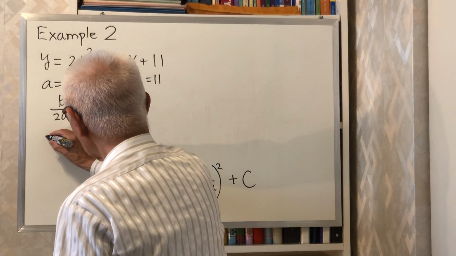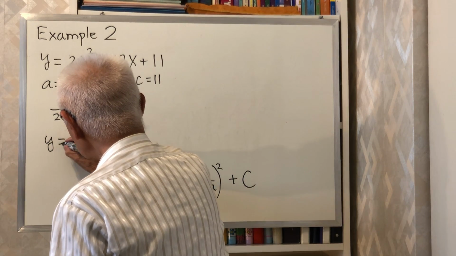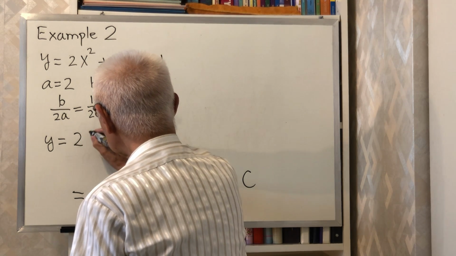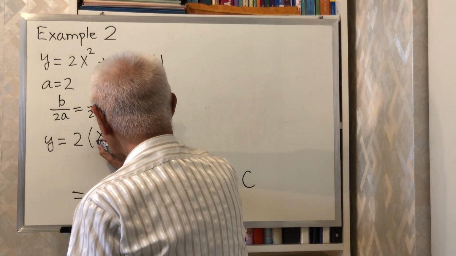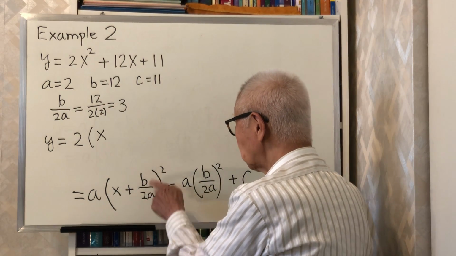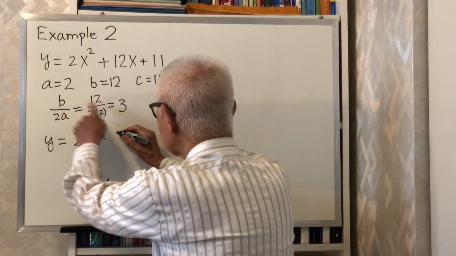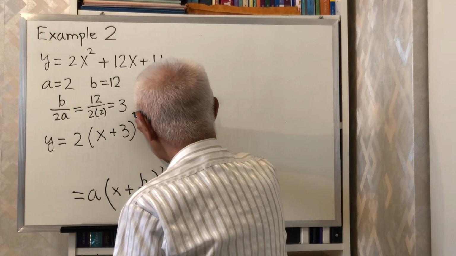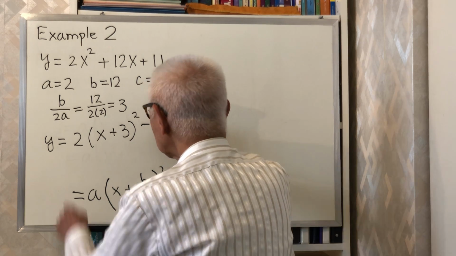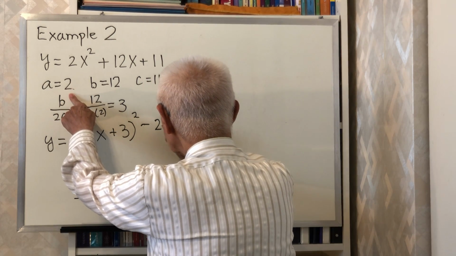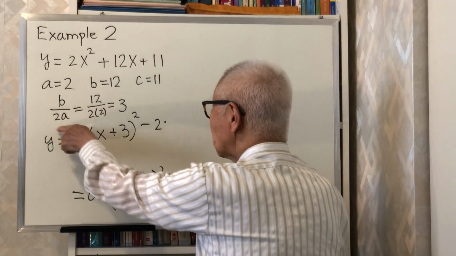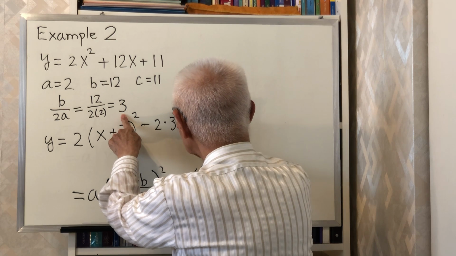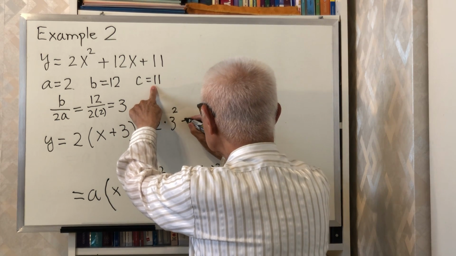So just use the result. y equals a, a is 2, bracket x plus b over 2a, x plus 3, and you square it. Minus a, which is 2, times b over 2a squared, plus c.